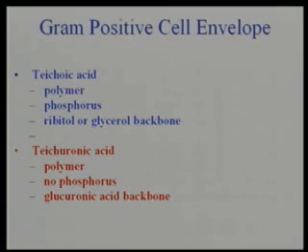And it has to be gram-positive we're talking about here again, because it's emphasized in the handout, because we don't find teichoic acids or teichuronic acids in gram-negative organisms. So if you ever see teichoic acid or teichuronic acid, you immediately know you're talking about a gram-positive, not a gram-negative organism. What happens with these gram-positive organisms is that when they're grown in the presence of lots of phosphorus, they will make teichoic acids preferentially.